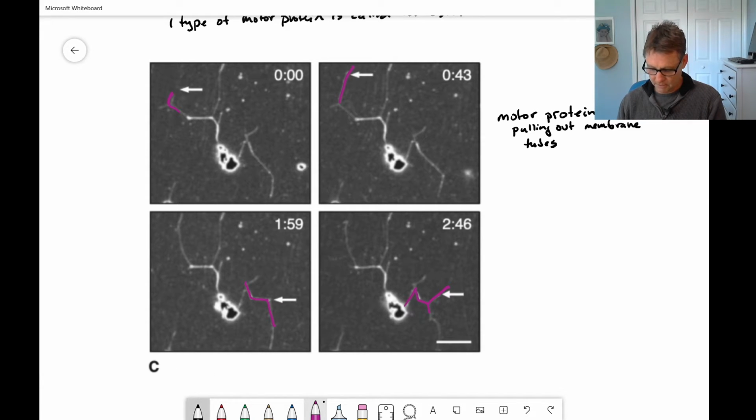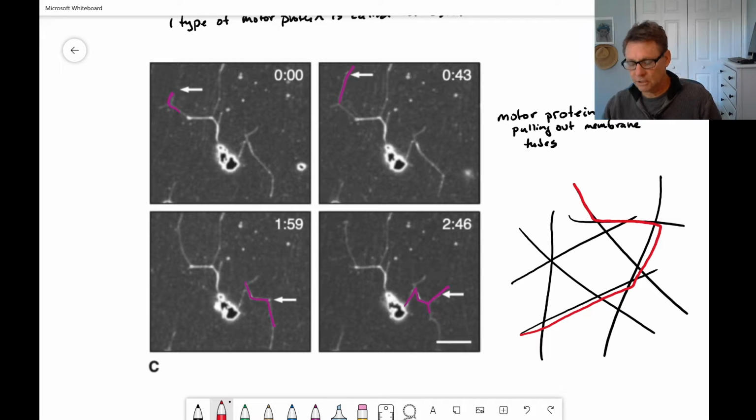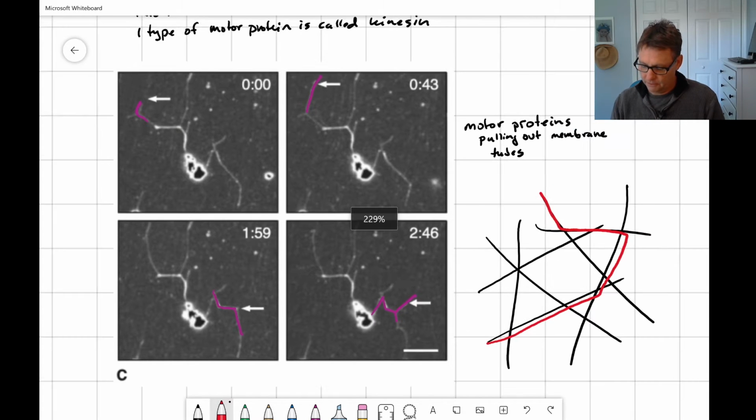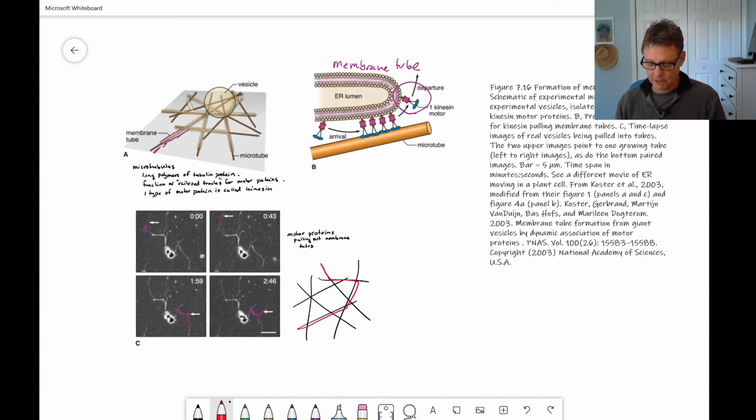And because the microtubules are at all different kinds of patterns, the membrane then can be pulled along and then branch and go this way and go that way. And so you can make all these really crazy shapes with the membranes as they're being pulled or stretched out. And so that's what this whole figure is about. And so you might want to check that out.